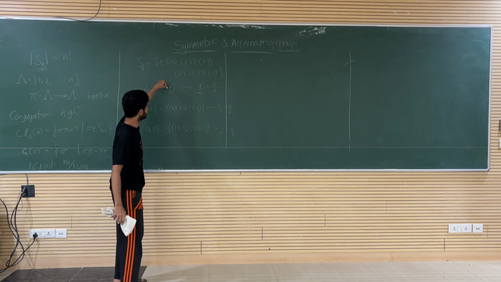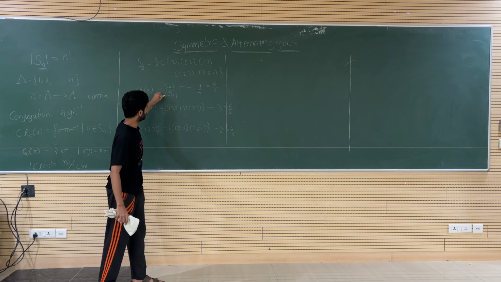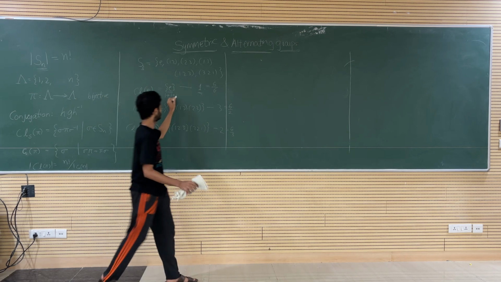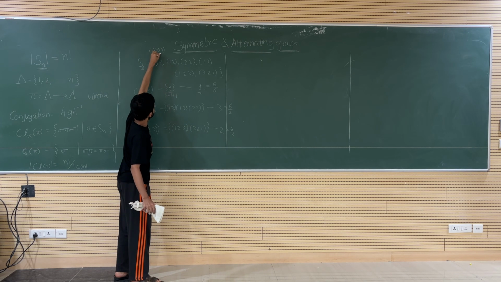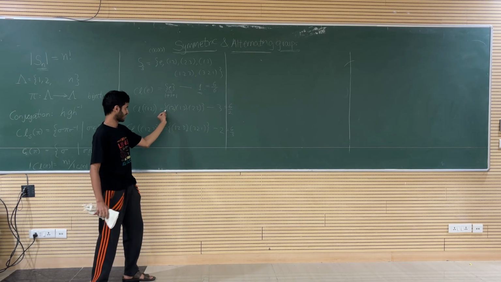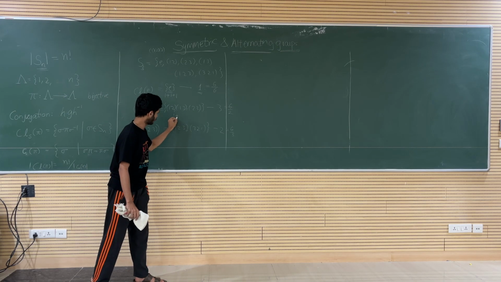Let's write the partition also. What partition does E correspond to? It is 1 plus 1 plus 1, because 1 is going to 1, 2 to 2, 3 to 3. I'm writing E as (1)(2)(3): 1 cycle, 1 cycle, 1 cycle. What about the transpositions? They correspond to the 1 plus 2 partition.